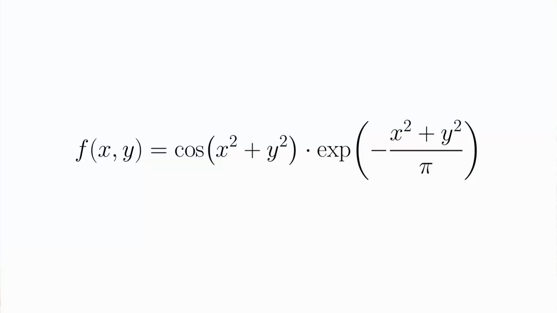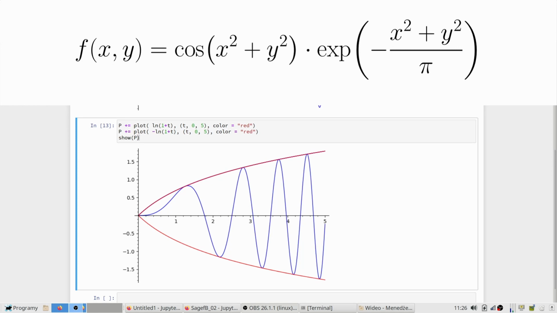Here the domain is two-dimensional, therefore instead of plot we will use plot3d. So the first thing to do to plot the graph of this function is to declare both variables x and y.